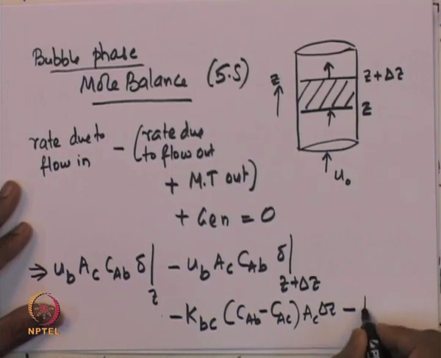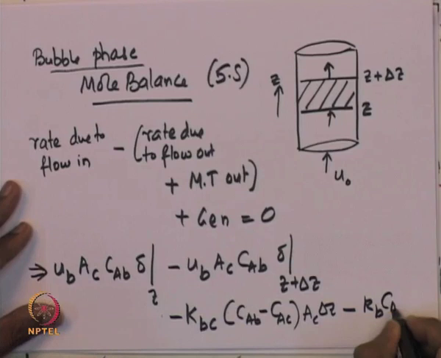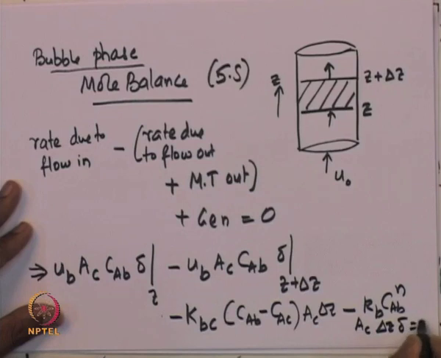That is Kb, the reaction rate constant, into Cab to the power of n, where Cab is the concentration of the species in the bubble phase, multiplied by the cross section into delta z into delta. That should be equal to 0. So, that is the mole balance for the species in the bubble phase.